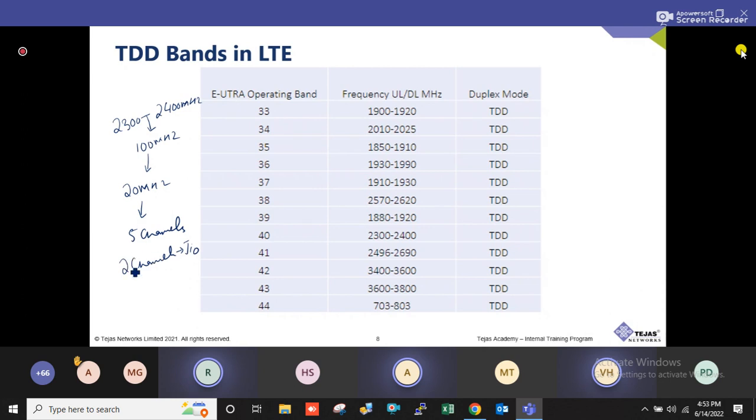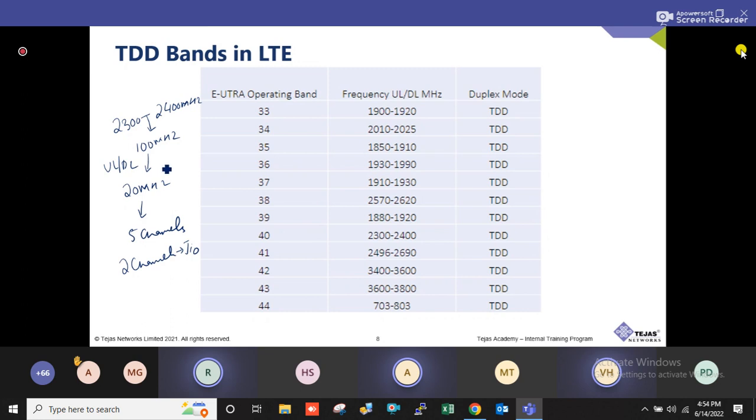Now the advantage here is I did not need 2 different frequencies for uploading and downloading. That is the first advantage. The second advantage is we don't require duplex separation. So in a single frequency, I can accommodate both uplink as well as downlink.